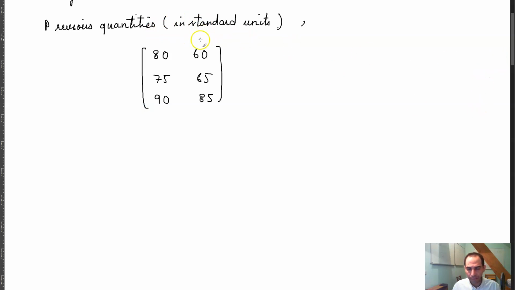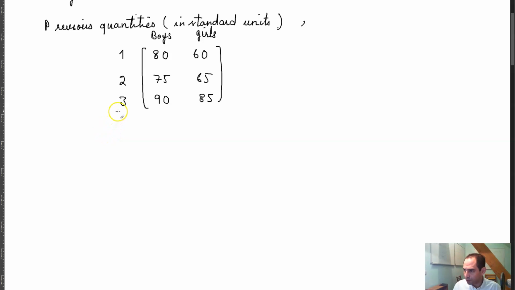These were the production for boys, and these were the production for girls. And there you had, for example, price category 1, 2, and 3, right?